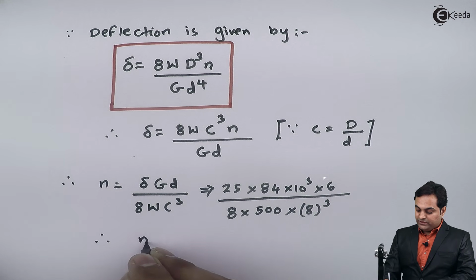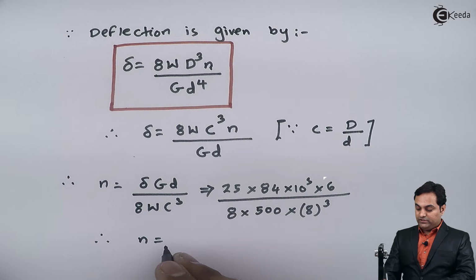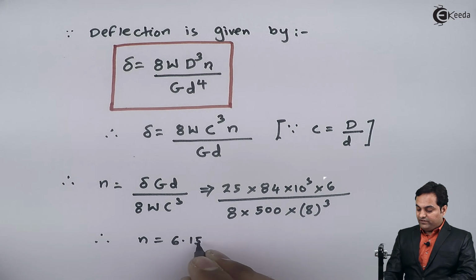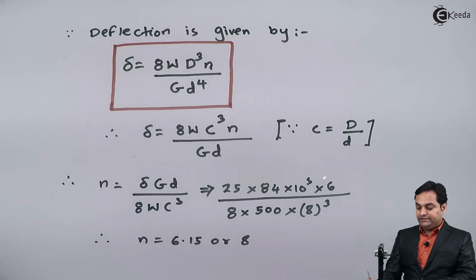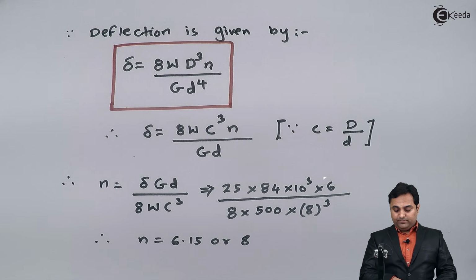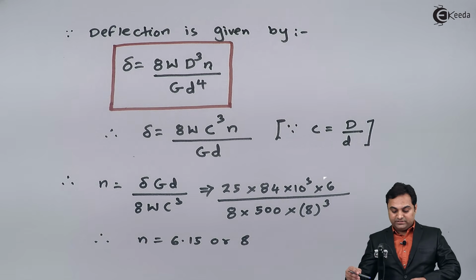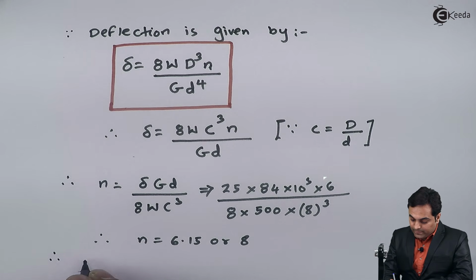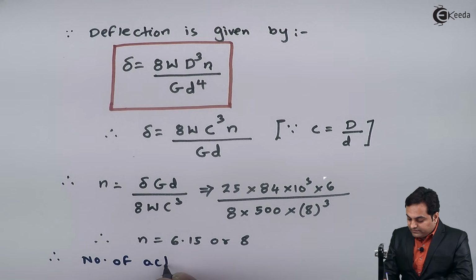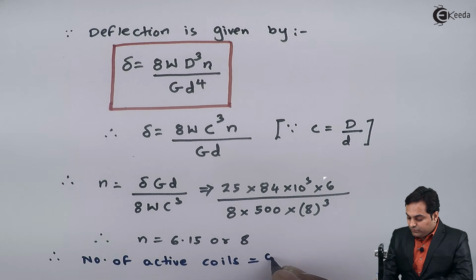So from this, if I calculate, I'll get the number of turns as 6.15, which I can round off to 8. Means 8 active coils are required. So I'll say that therefore the number of active coils is equal to 8.